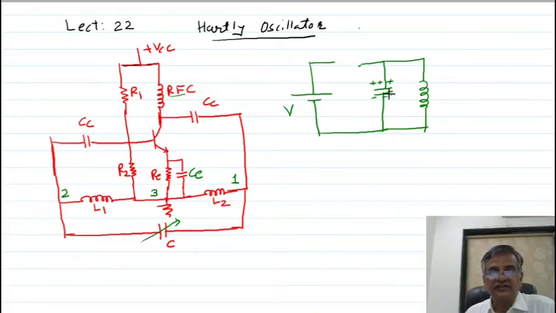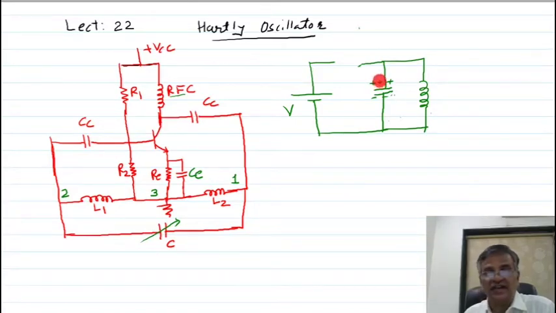As a result, you can get the variation of voltage and current, and this is called oscillation of the charge through the inductor between the two plates, which produces a sinusoidal waveform.